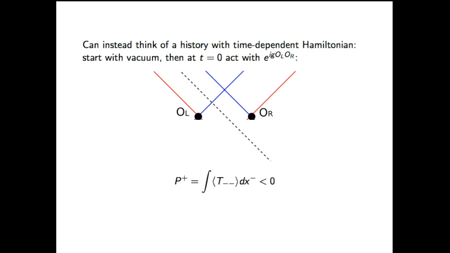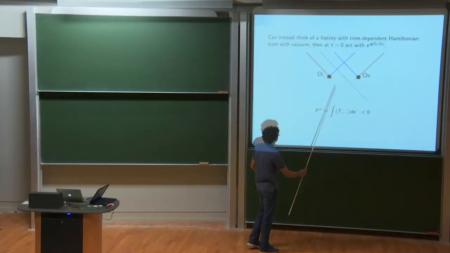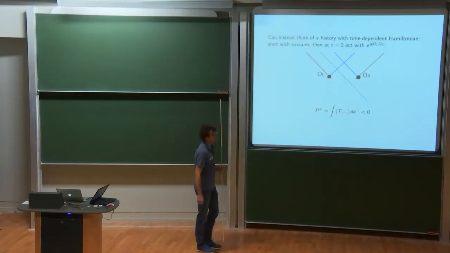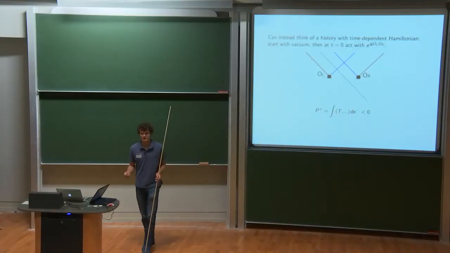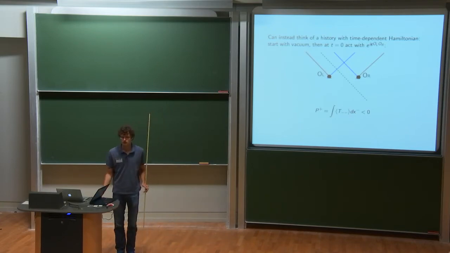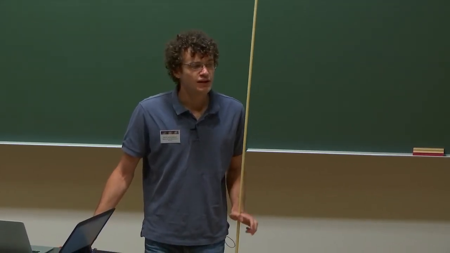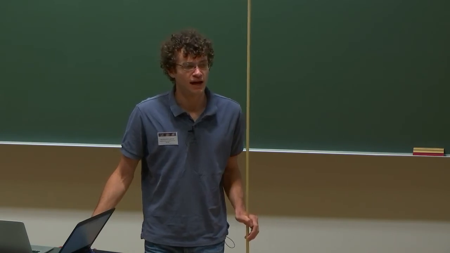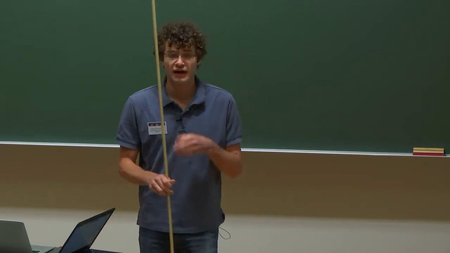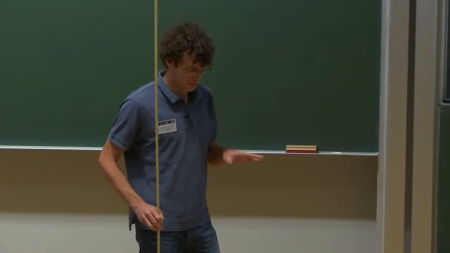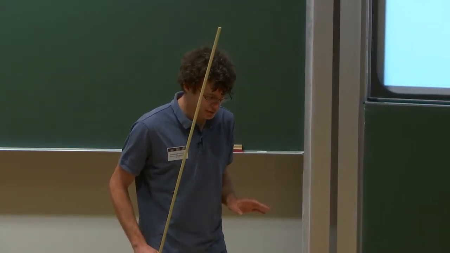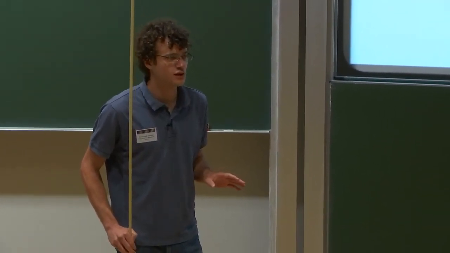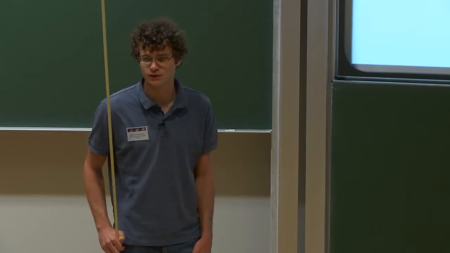OK, and it's clear that in this history, the integral of the stress tensor along this dashed line is going to be negative, because we have the negative contribution, but not the compensating positive contribution. And, well, this sounds funny because we have negative average null energy, but it's totally fine with the theorem, the average null energy condition, because the assumption of that theorem is that we have a local relativistic quantum field theory.